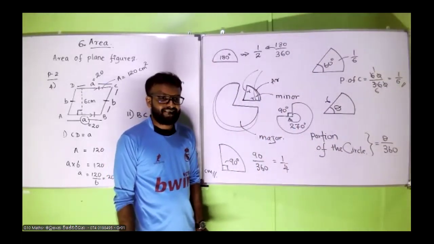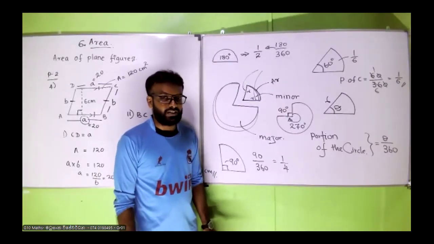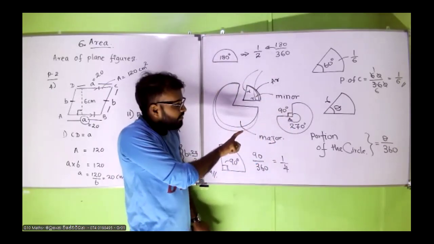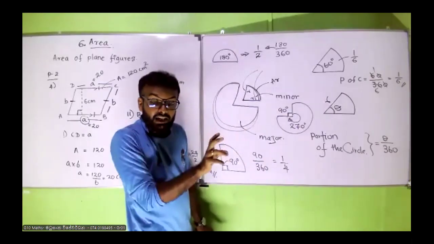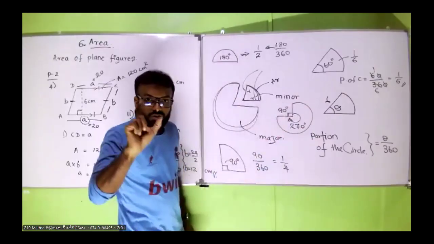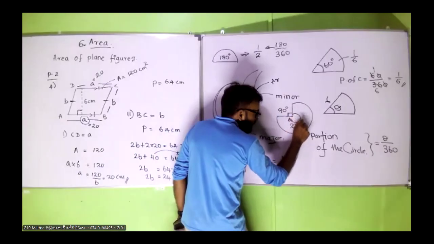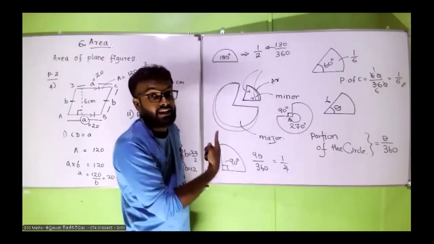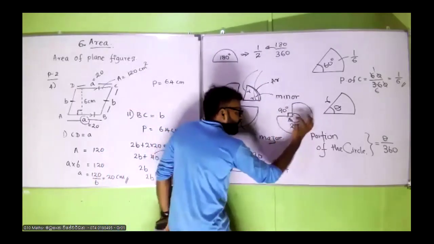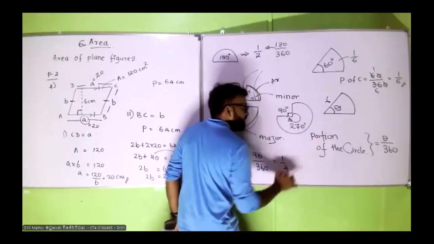It should be 270. We are measuring our angle from here to here. That is why I have marked this arrow inside the circle.